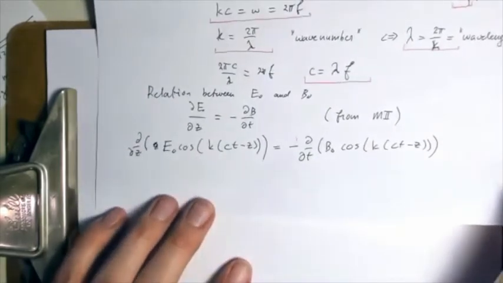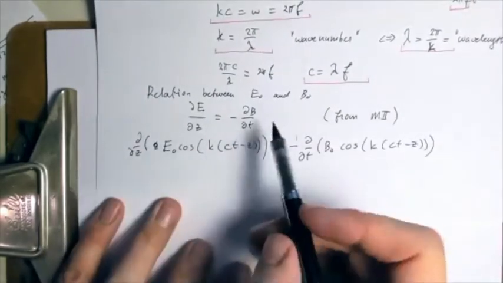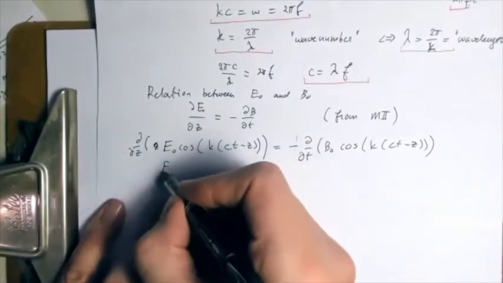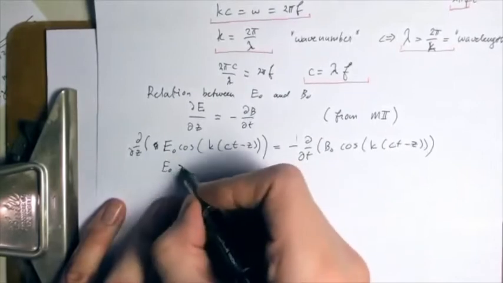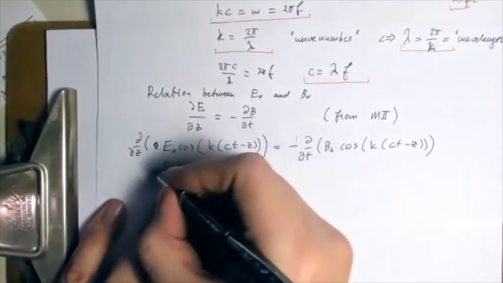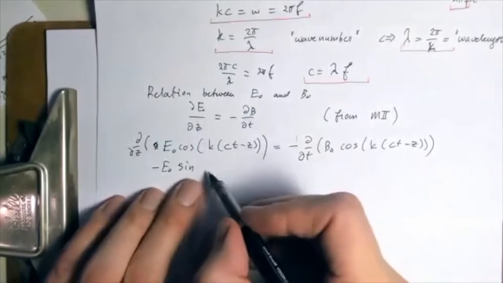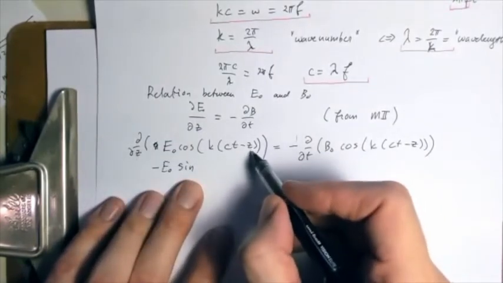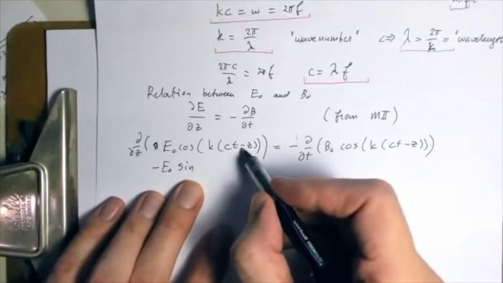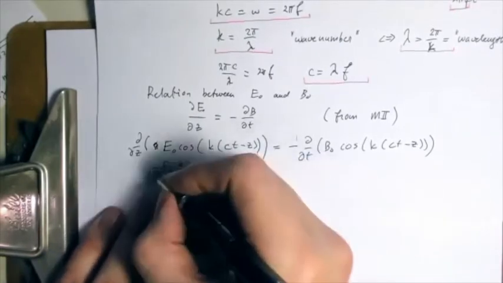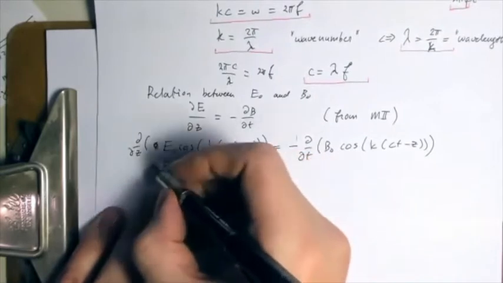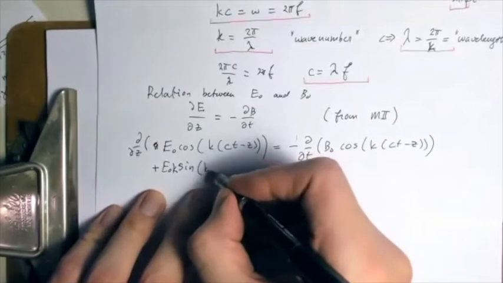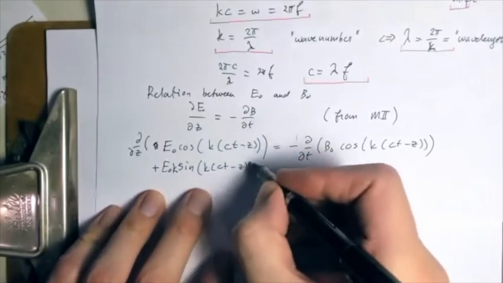Yep, that's 3 parentheses. Okay, so when I take the derivative with respect to z, we'll get an E naught. The cosine is going to become a sine with a minus. And because we are taking the derivative with respect to z, we also have to factor in the chain rule. And that means that we pick up a minus from here and a k. So that becomes plus E naught k sine, and then whatever the argument was, so that cosine stays the same.